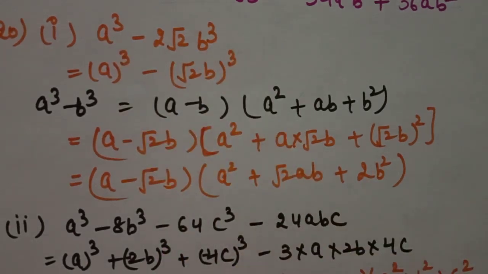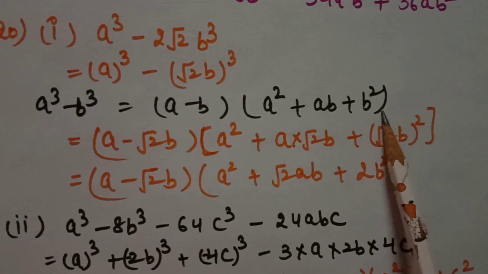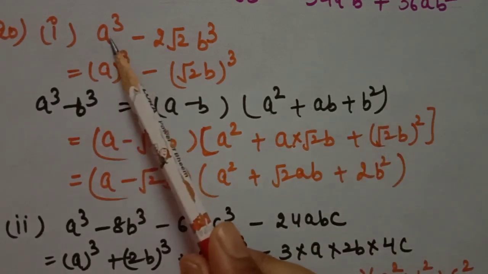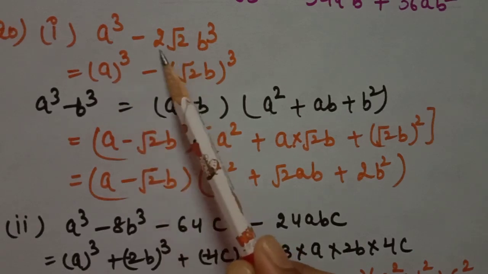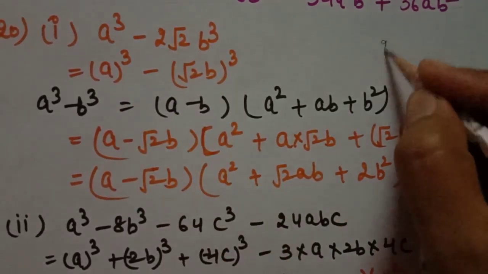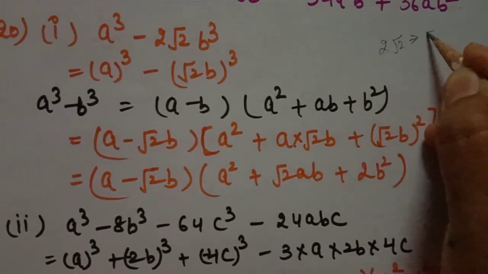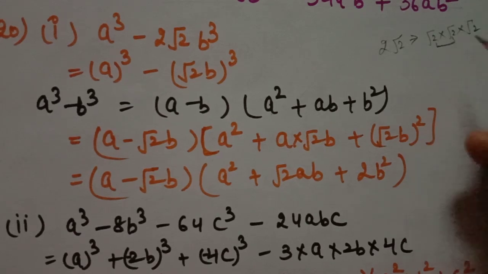You remember the identity: a cube minus b cube is (a minus b) into the second bracket (a square plus ab plus b square). We will change it as whole cubes: (a) whole cube, (2 root 2 b) whole cube. We have to change 2 root 2 into 3 parts. So it is root 2 and root 2, because when we multiply root 2 by root 2, it becomes 2, and 2 root 2.